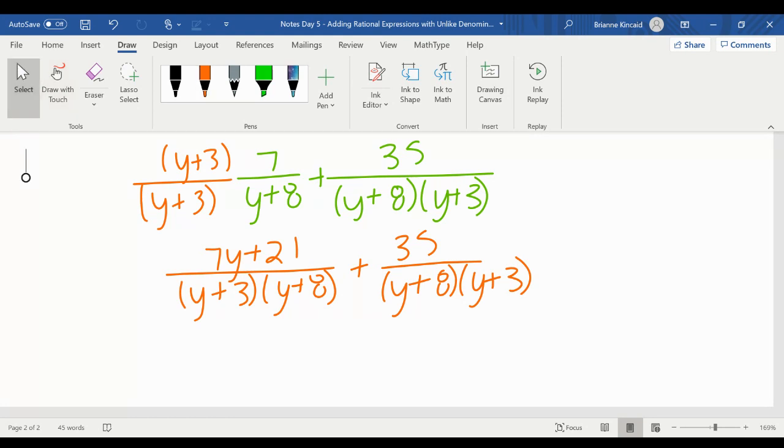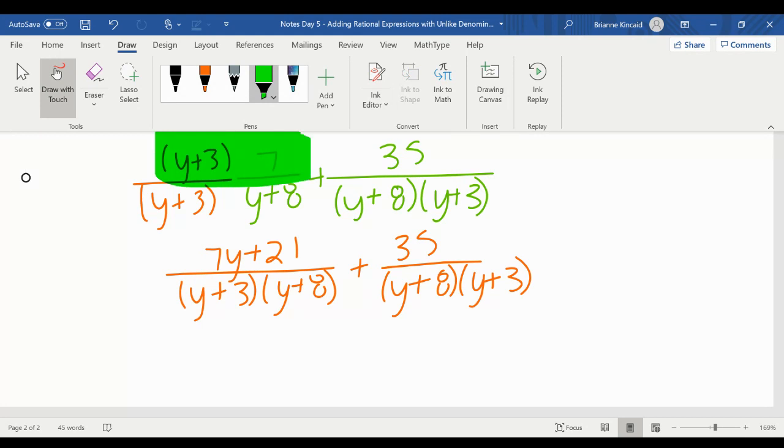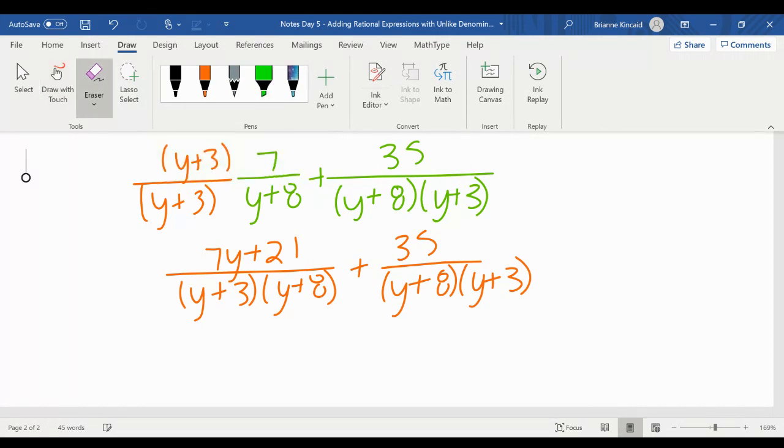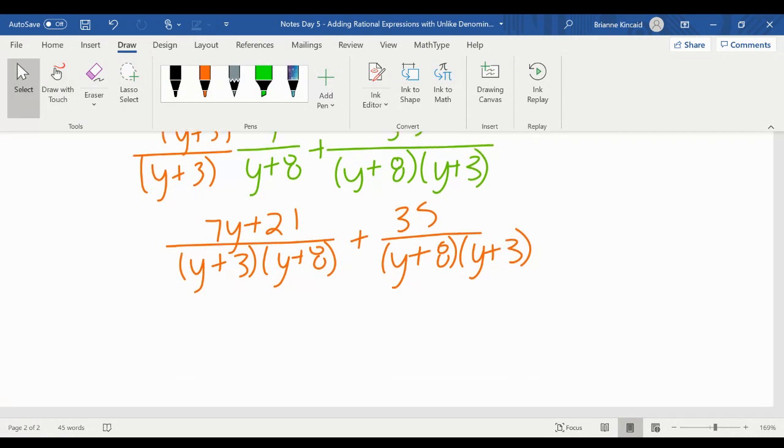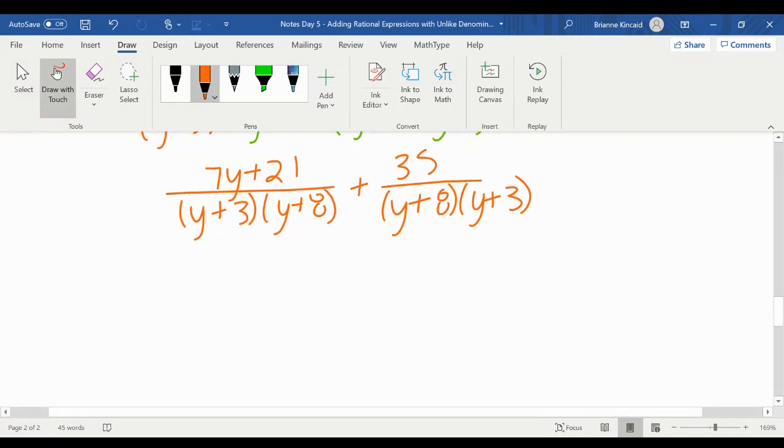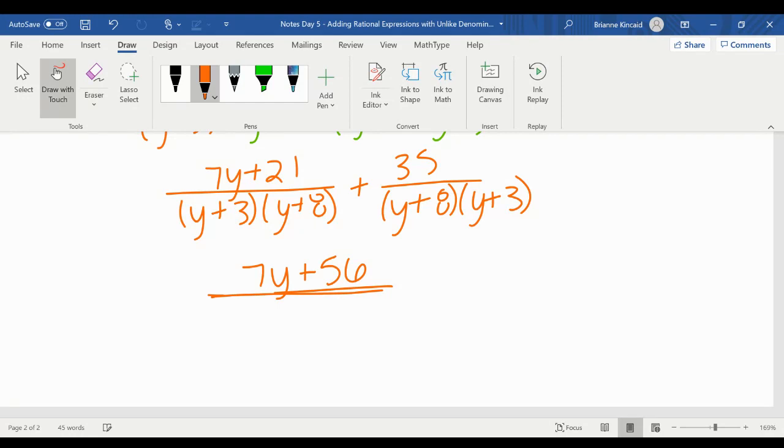And notice that at this stage I foiled these together because you're going to want to combine terms, so you always want to factor the numerator at the very end. So when I add these together, I'm going to get 7y plus 56 over y plus 3 times y plus 8.